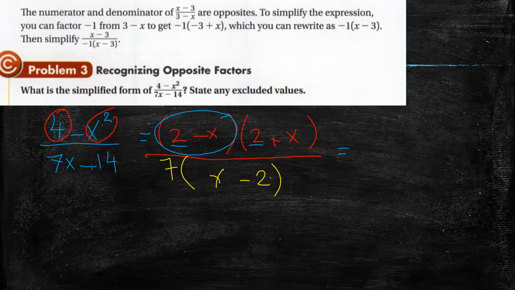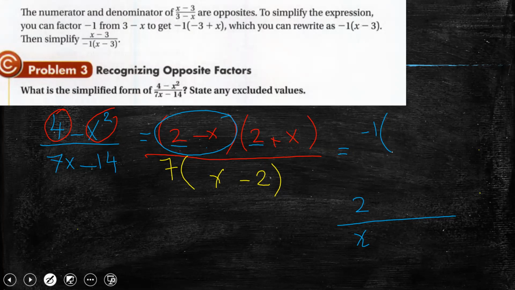Okay, now if you take negative 1 as a common factor, let's change the order. Why?